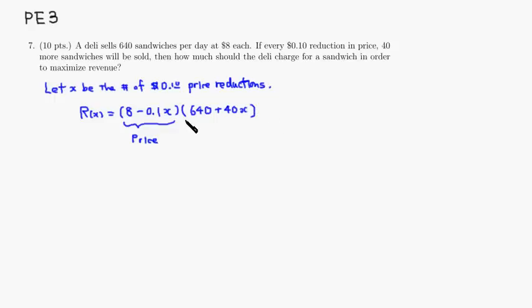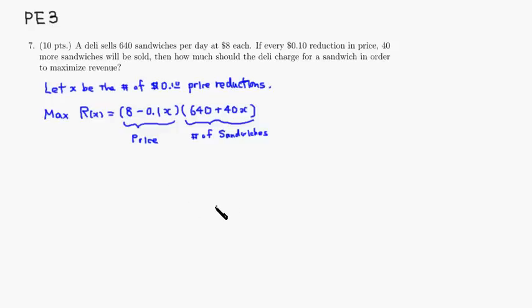So this is going to be the quantity, the number of sandwiches. So this is the revenue function, and we want to maximize it.